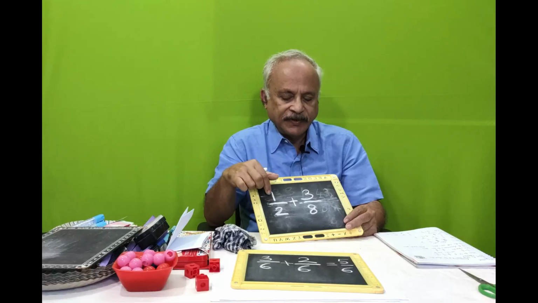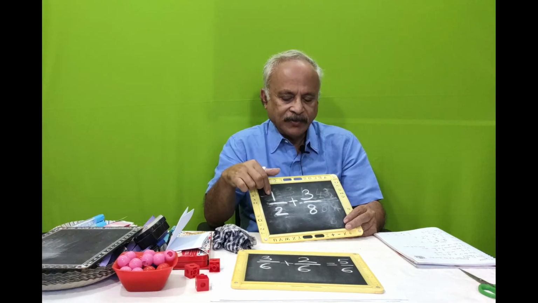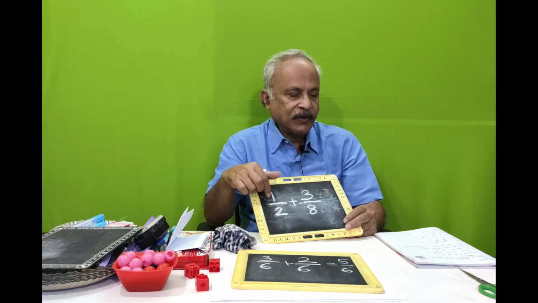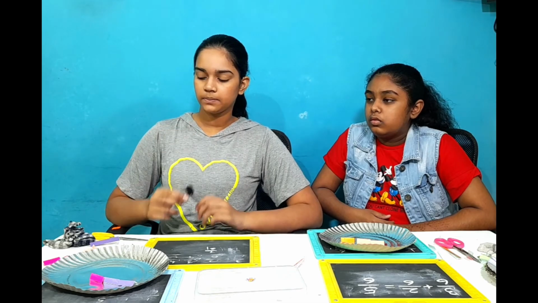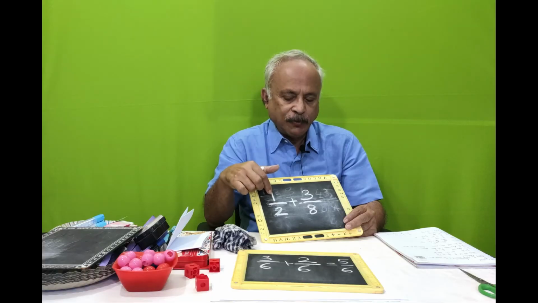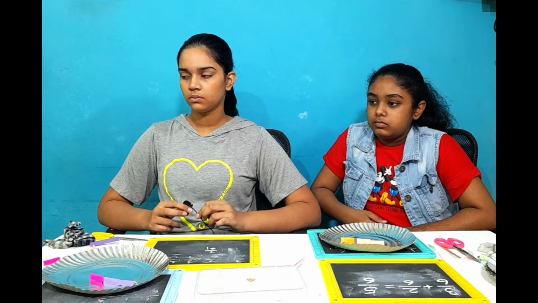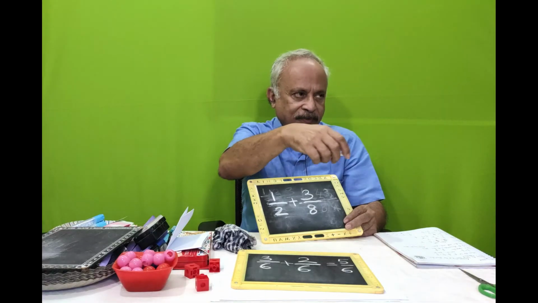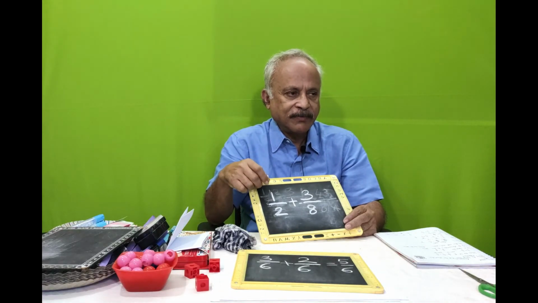Here the pieces are 1 upon 2. So which one will I have to cut? 1 upon 2. So I will cut this and make this in pieces of 1 upon 8. How many pieces of 1 upon 8 are there in 1 upon 2? Take 1 upon 2 and make pieces of 1 upon 8.